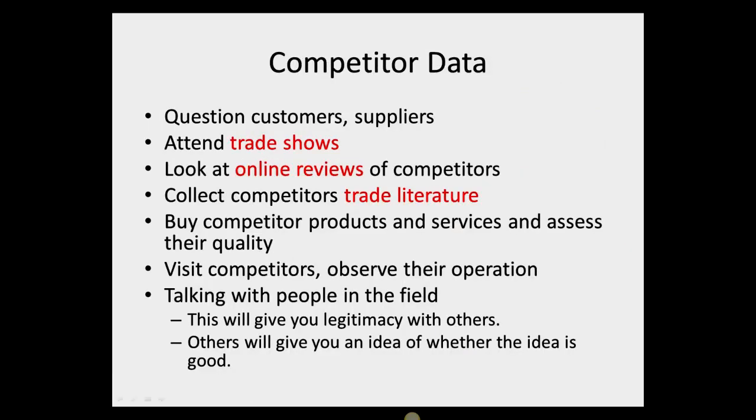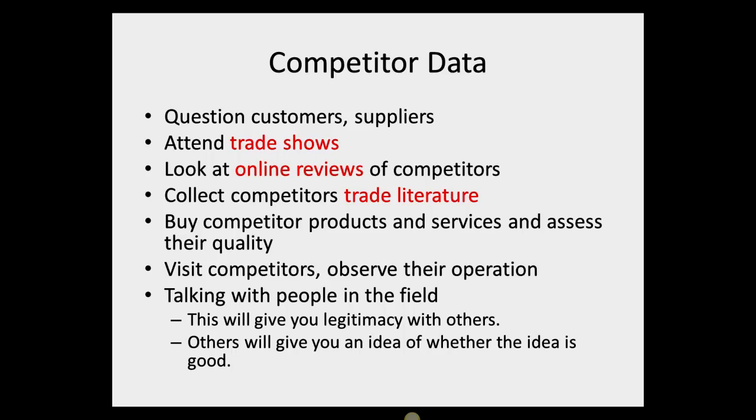How do you get information about these competitors? Well, instead of just going to the library, you do need to go and talk to customers, suppliers. You could attend trade shows. Of course, this is if you want to do this for real. These are the things that you're going to do. You look at online reviews of competitors. I mean, you need to be experts in your competition.